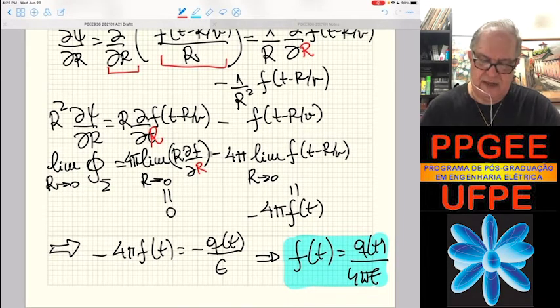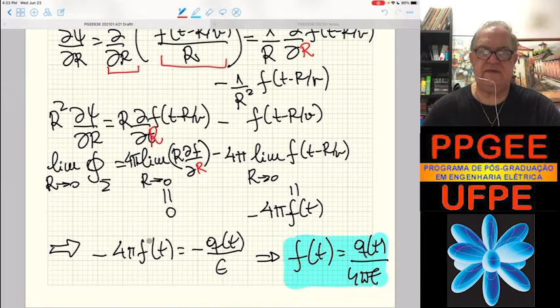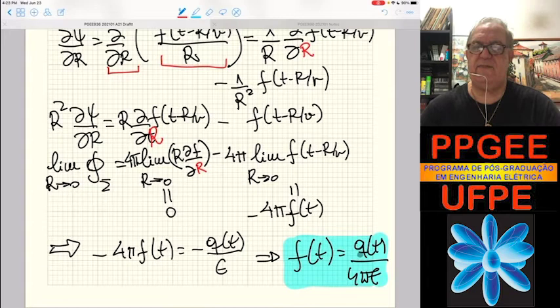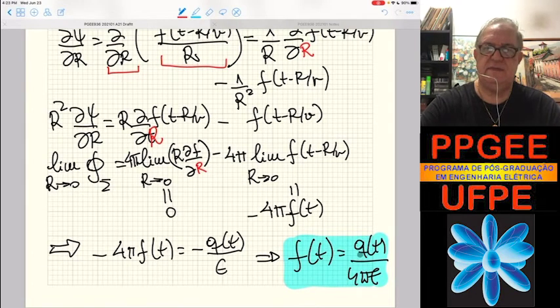Then we have the second one, right? After multiplying by r squared, the limit is simply going to be the limit of f as r goes to 0, which is f of t. So then we determine specifically what is f at r equals 0, f of t, which is q divided by 4 pi epsilon.